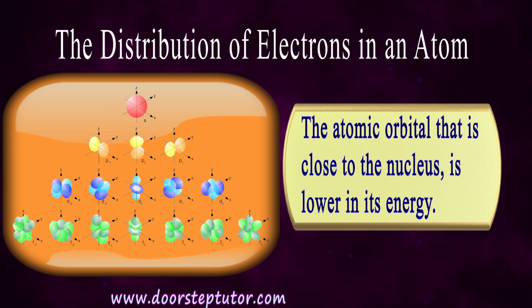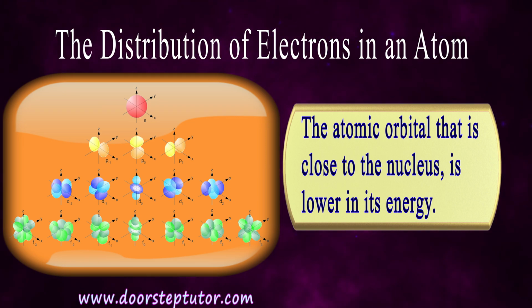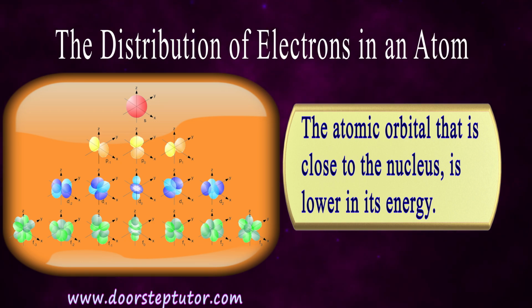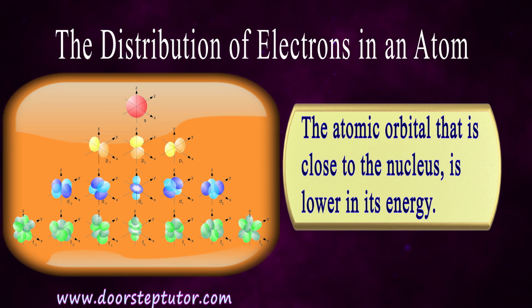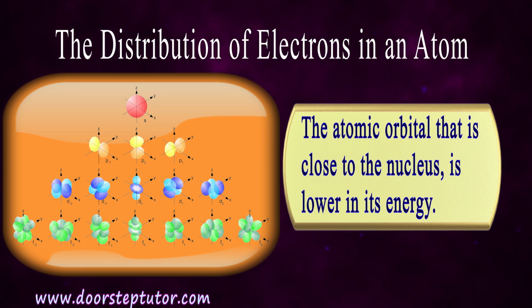So here the different atomic orbitals are shown. In the first, you can see a red ball looking structure. This is the s atomic orbital. It has a different shape from the p atomic orbital.